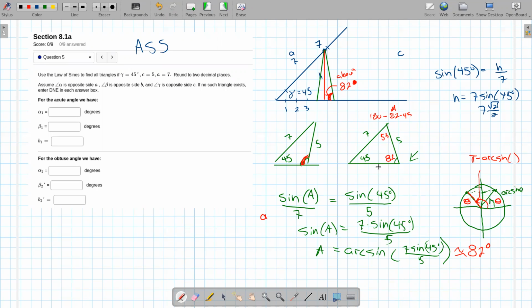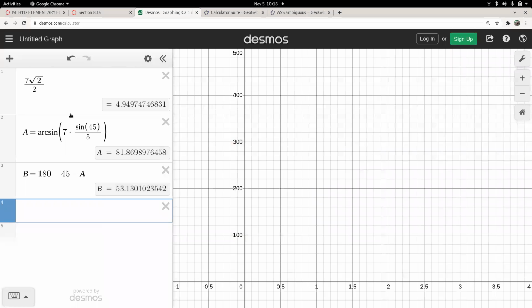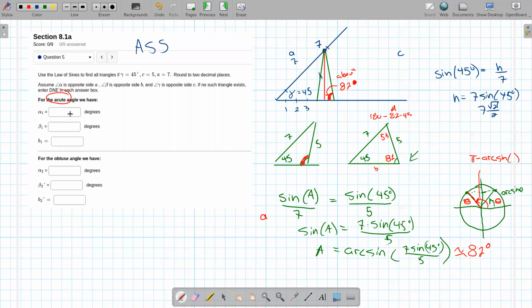And then now I can find this length B pretty easy with the law of sines there. So let's do that one. So I'm working on the acute version here, and I have this one right here to 2 decimal places, it is 81.87. My angle A, they're calling it their alpha 1. And then this one would be 53.13 to 2 decimal places, my beta.